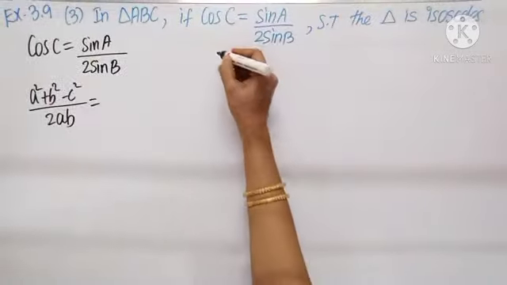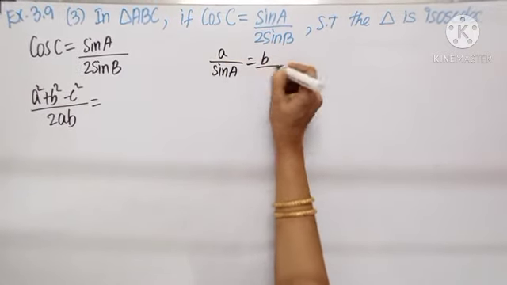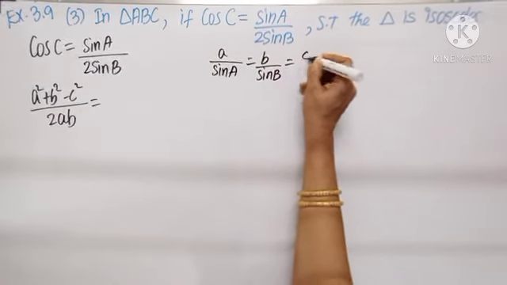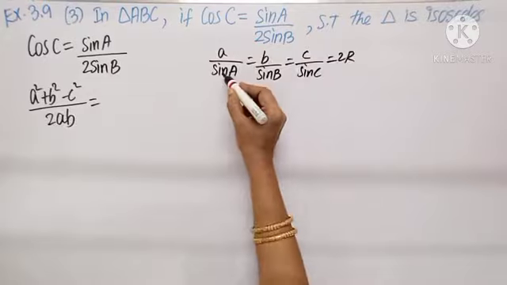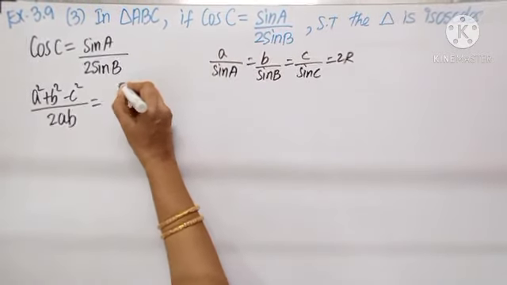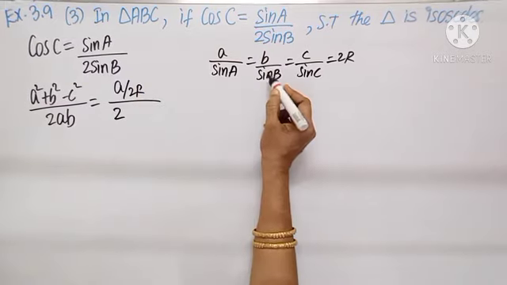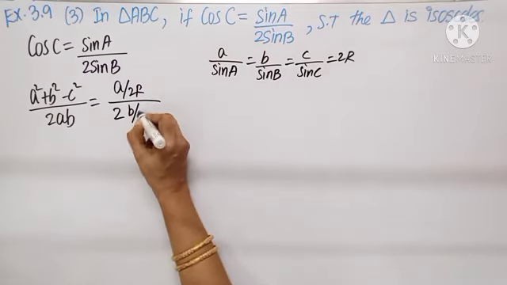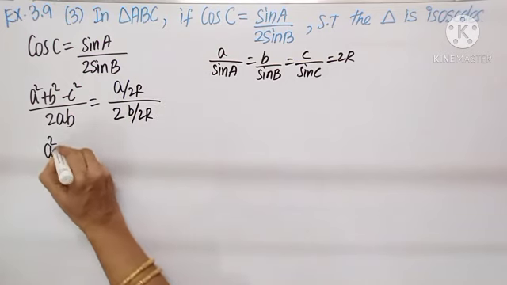How to write sin A and sin B using small a, b, c? a by sin A equals b by sin B equals c by sin C equals 2R. Sin A will be a by 2R, sin B will be b by 2R. We can cancel 2R. See what is left out.